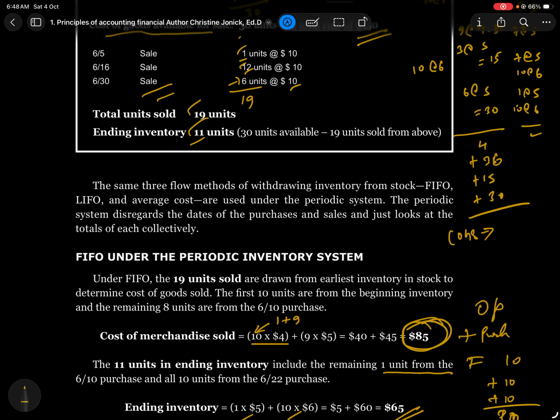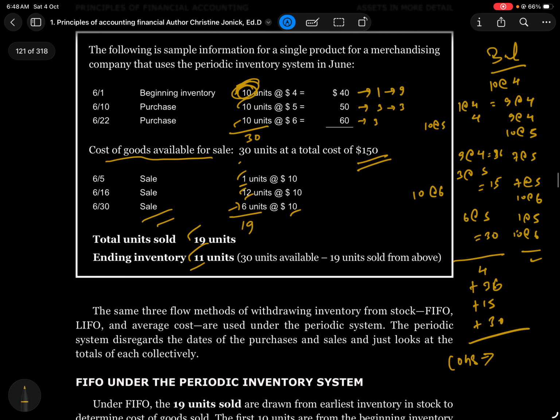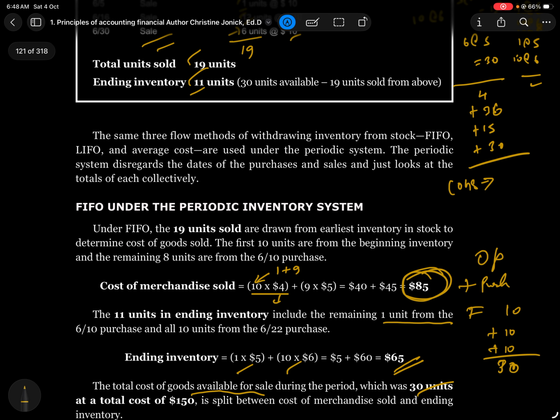But we need to get rid of the first, so since we have at $4 costing 10 units, that's why we need to do 1 plus 9. This 9 unit is basically 3 plus 6. That's how they got 9. That's why I told you I don't like this.